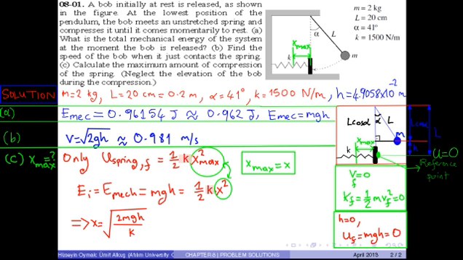Here x equals the square root of 2 times m times g times h over k.